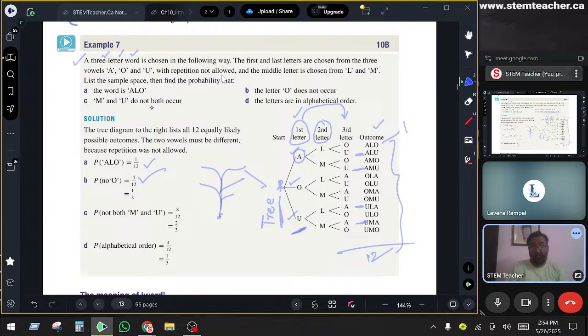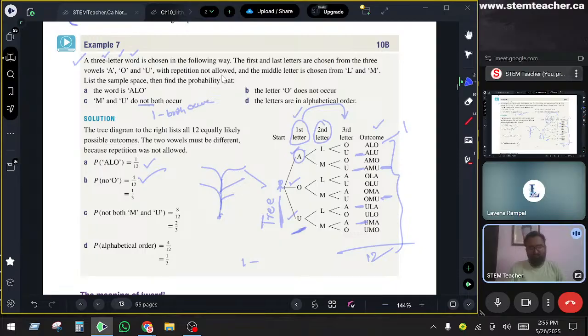Do not both occur means 1 minus both occur. How many terms have both M and U occurring? Which words have M and U?